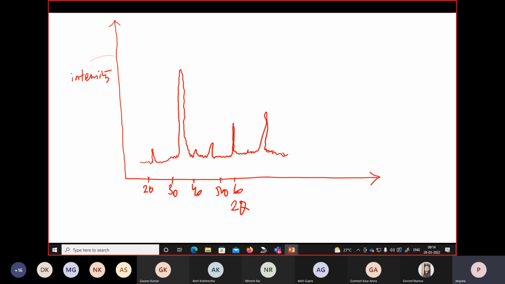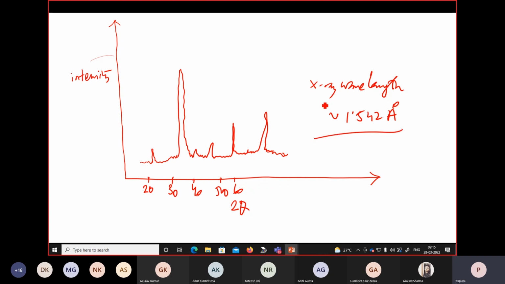From the XRD, I am trying to find out the distance between the crystalline planes, right? Now let me write these peaks in the form of HKL. Let's assume that the X-ray wavelength we are using for this particular measurement is 1.542 angstrom.